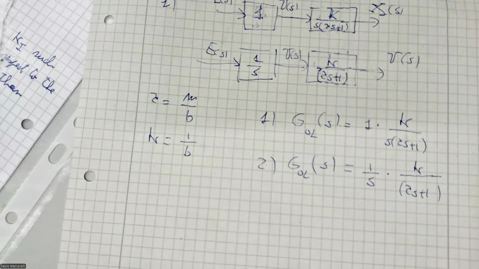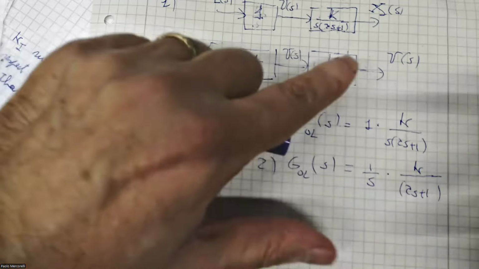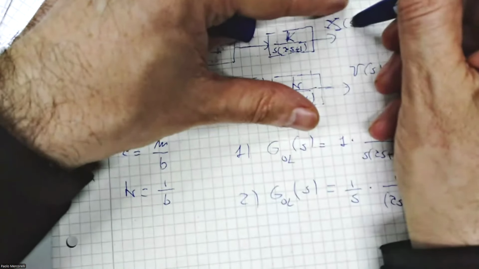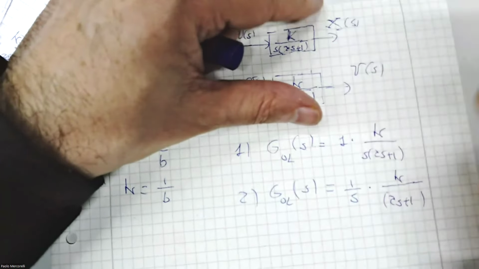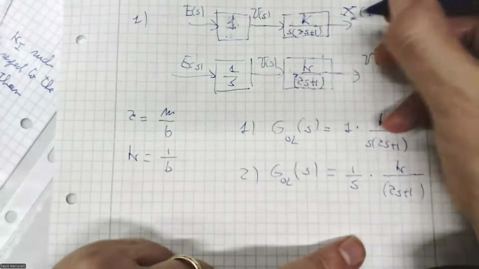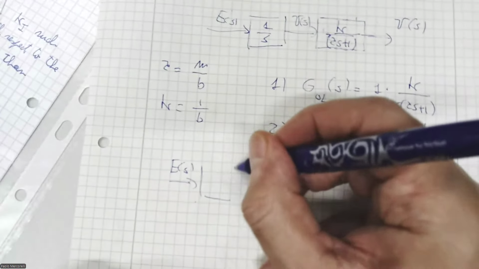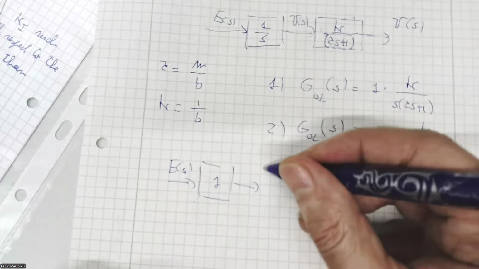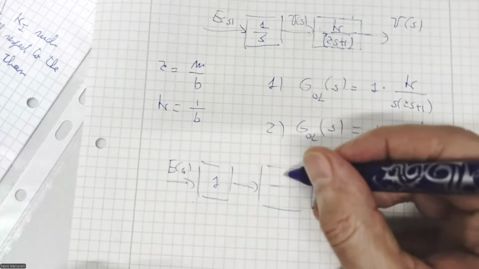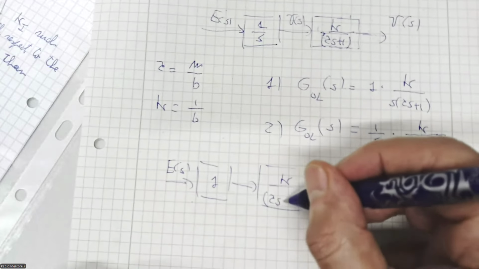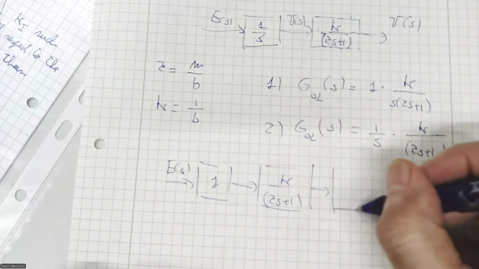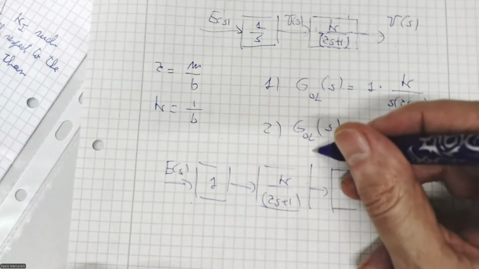I can improve a little bit. Look. Look at this. Probably you can intuitively write it in this form. Here we have the velocity.